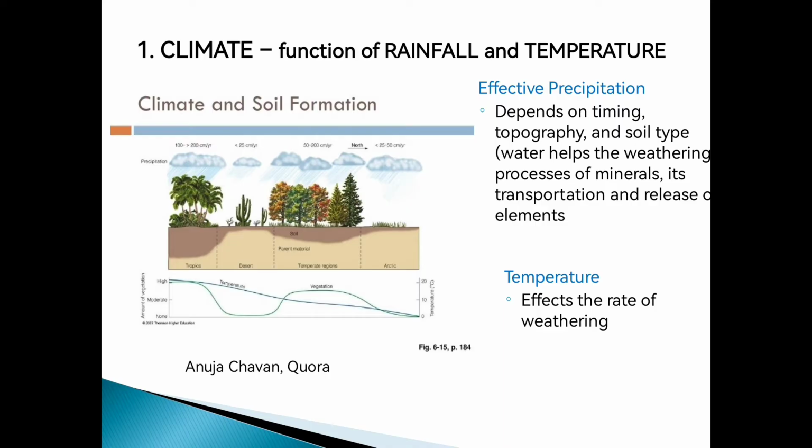Effective precipitation kasi minsan, di ba, umuulan ng malakas pero short yung duration, or kung minsan naman umuulan ng mahinang ulan pero mahaba, matagal yung duration. So that's why we considered effective precipitation for rainfall. And then we also have temperature, which affect the rate of weathering.